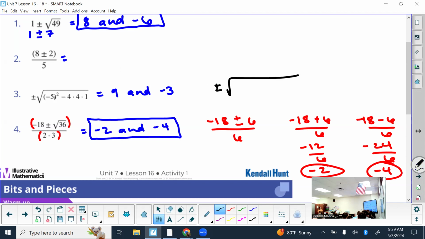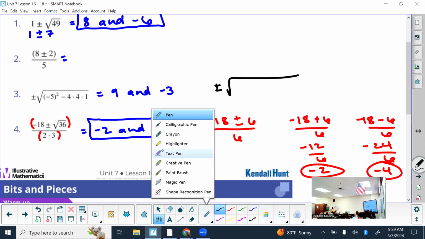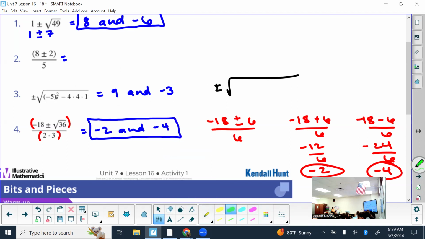We have to simplify everything under the square root symbol before we can take the square root of it. I would highly suggest when it comes to quadratic formulas, definitely put everything that's under the square root in your calculator. Highly recommend. But otherwise, order of operations, we do exponents before subtraction or multiplication.